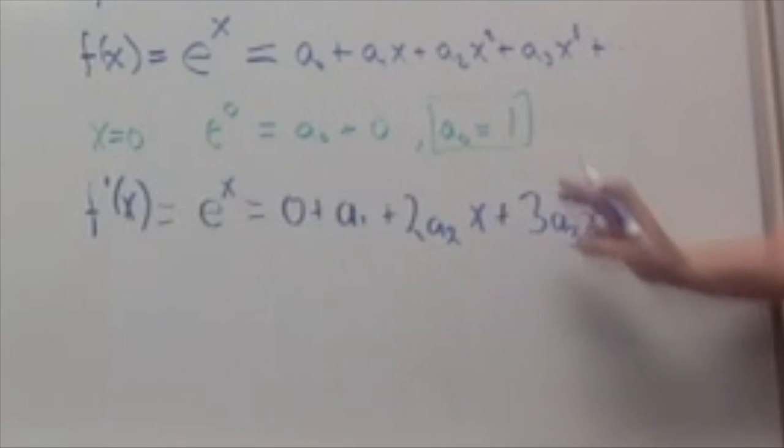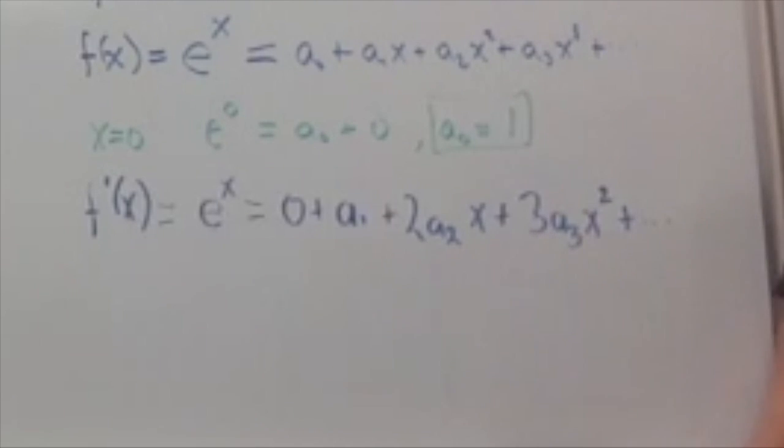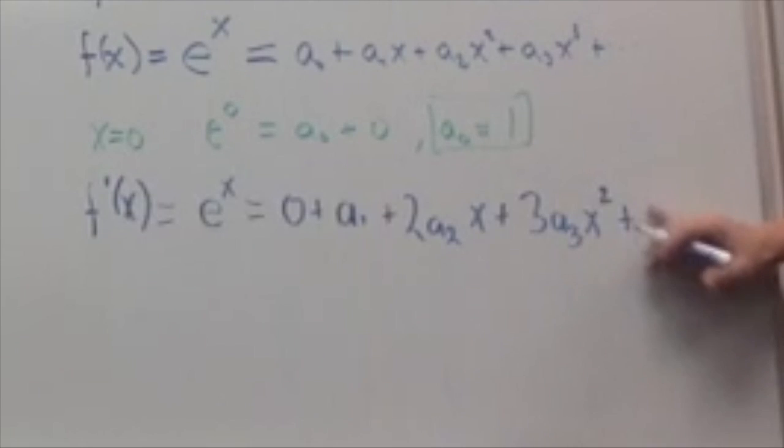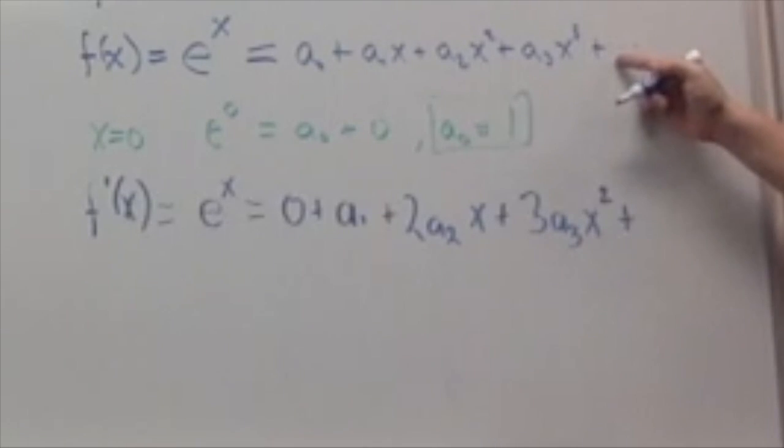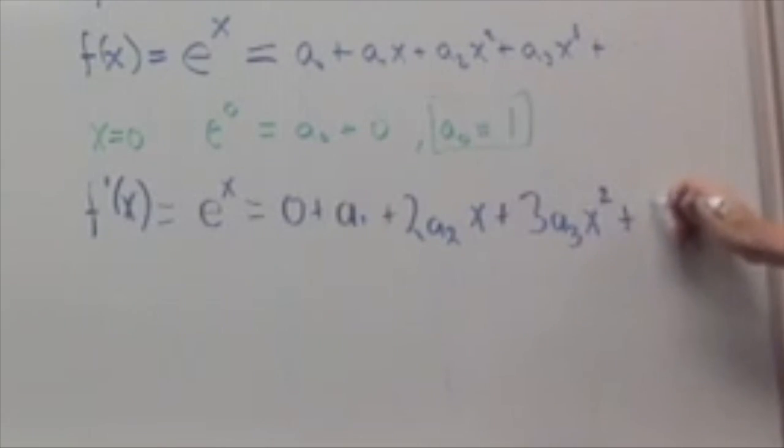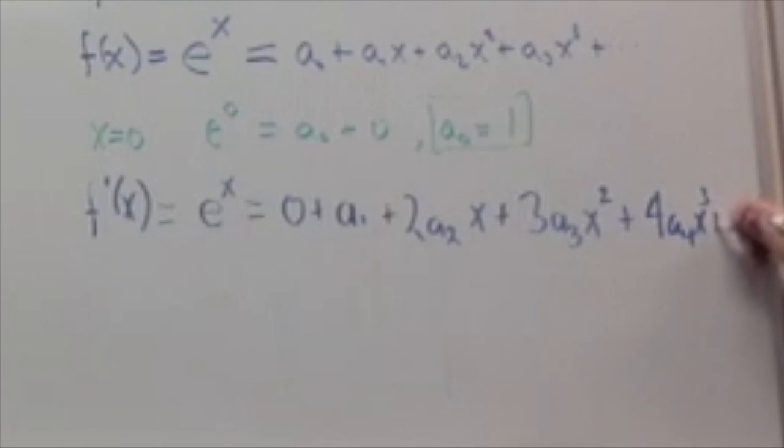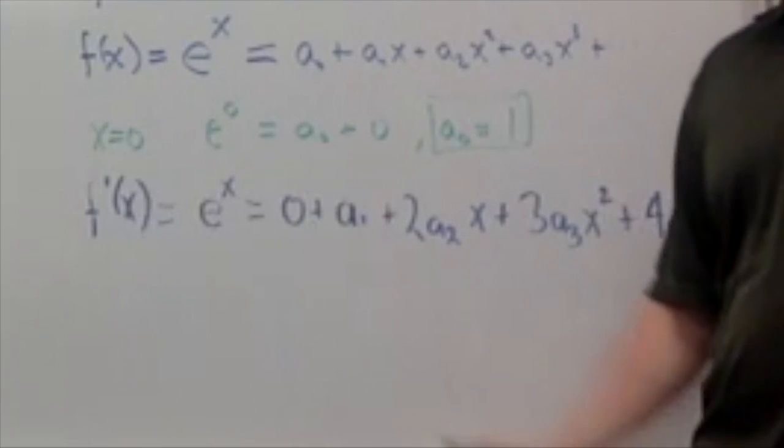Sometimes you might have to write out a lot of terms to really see the pattern, so maybe I'll go ahead and show one more. I know the next term would have been a4x to the 4th, so the derivative is 4a4x cubed. That's kind of slick because it gives me access to the next coefficient.